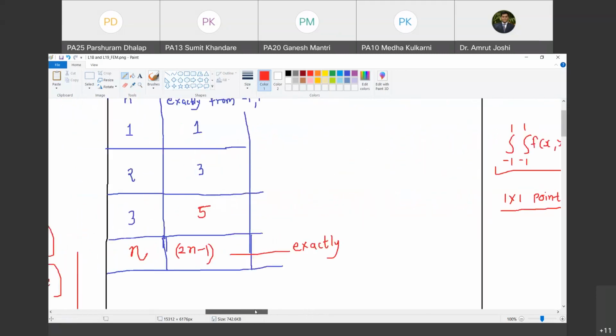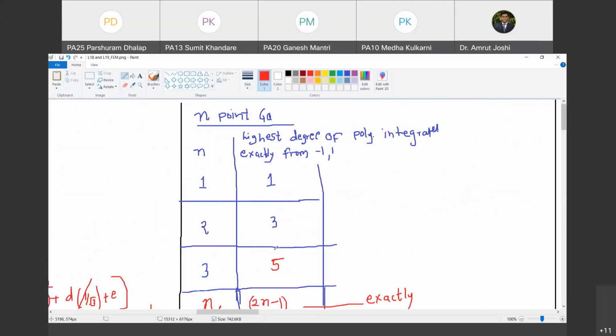If it was integration with reference to only x, which point Gauss quadrature would I have used? I would have used 1 point Gauss quadrature. Because x is linear, there is no need to go for higher point quadratures. If this were a function in y, I would have still used 1 point Gauss quadrature, because the function is also linear in y.